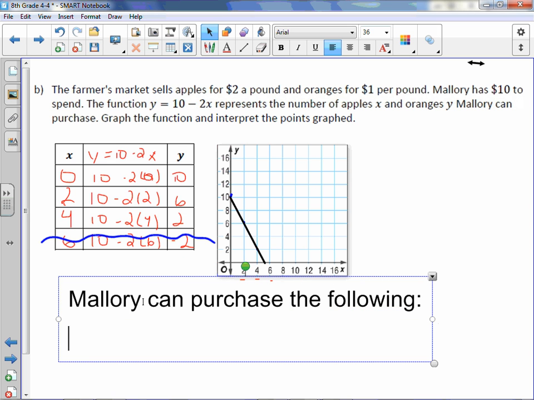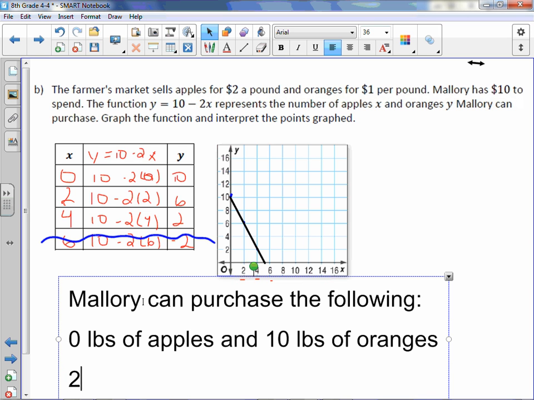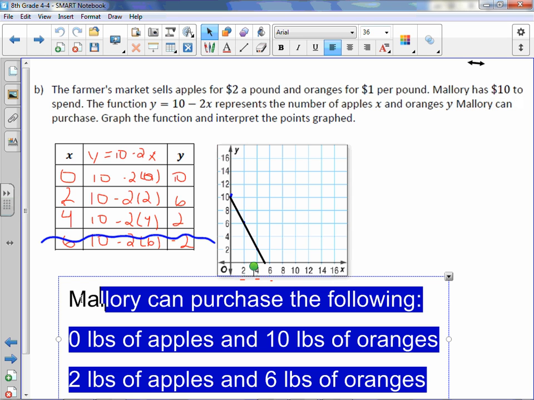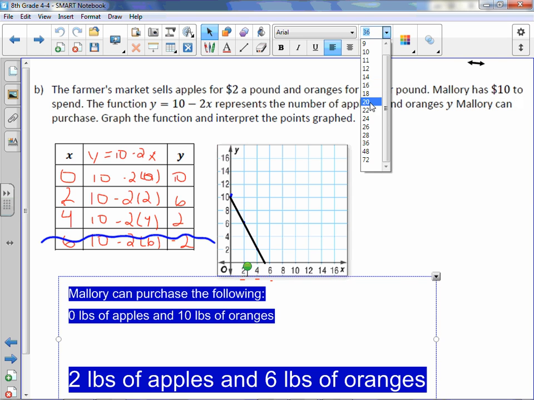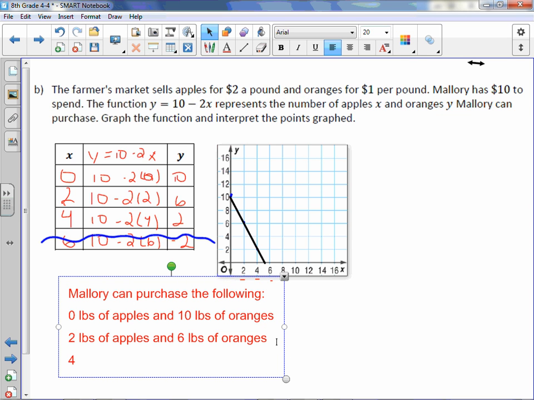She can purchase, and we're just using the points that we used, 0 pounds of apples and 10 pounds of oranges, or 2 pounds of apples and 6 pounds of oranges. And last but not least, 4 pounds of apples and 2 pounds of oranges.